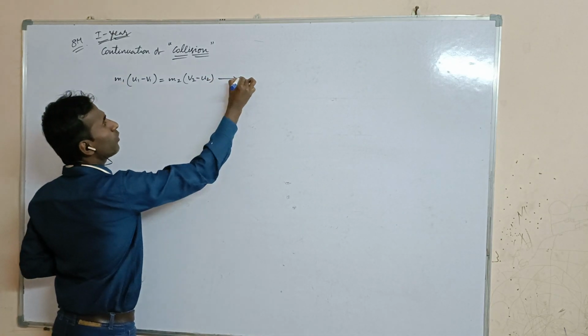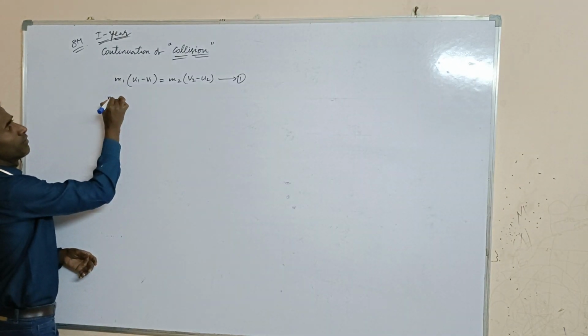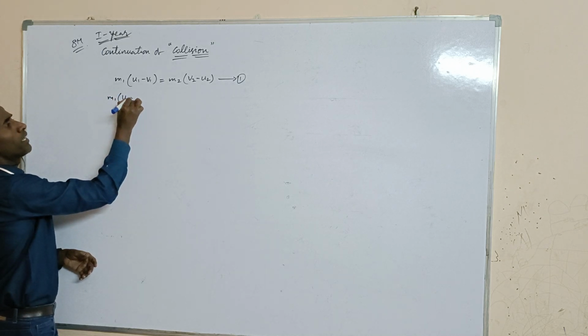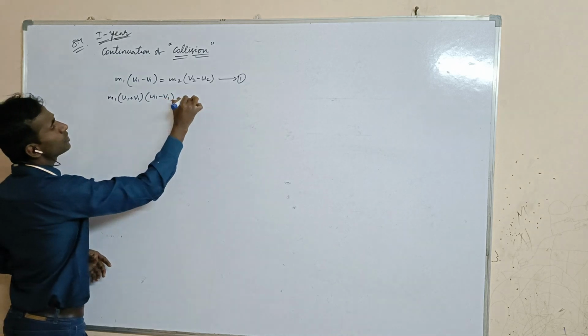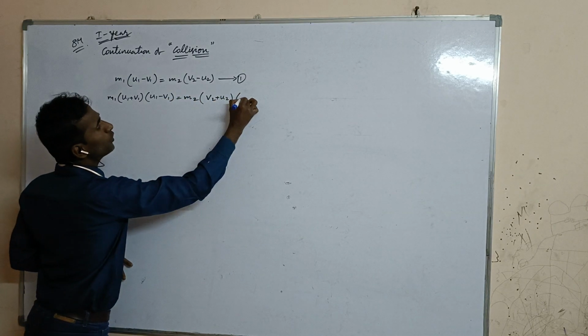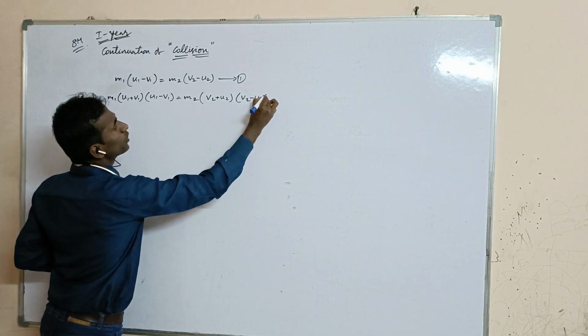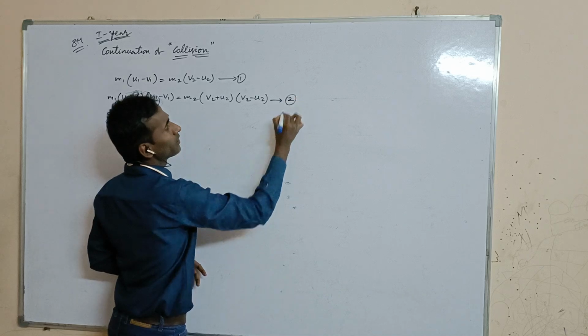This is equation number 1, and the second equation also came in the previous class, that is m1 into (u1 plus v1) into (u1 minus v1) is equal to m2 into (v2 plus u2) into (v2 minus u2). These two equations came in the previous class, right?